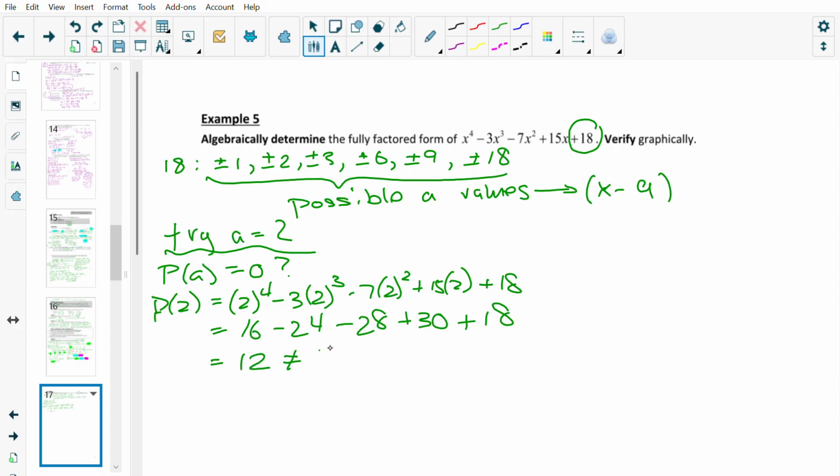And we got 12. So this does not equal 0. So not a factor. Okay, so a equals 2 doesn't work.